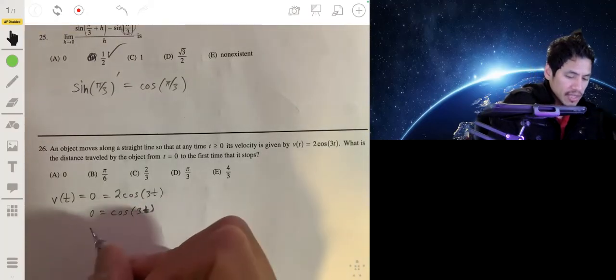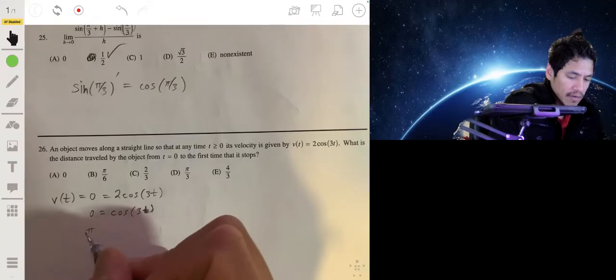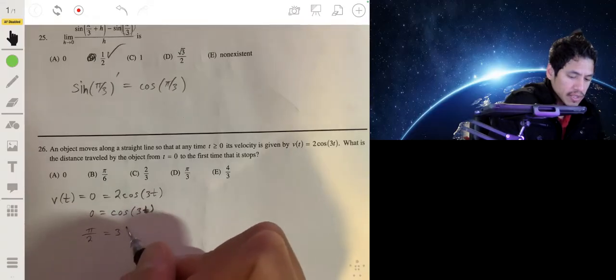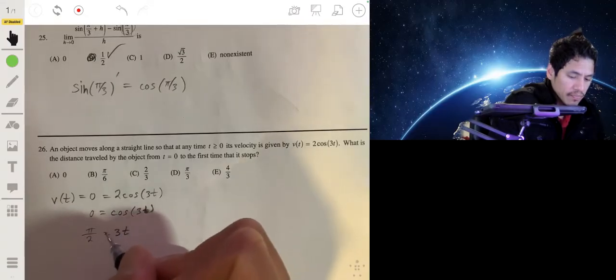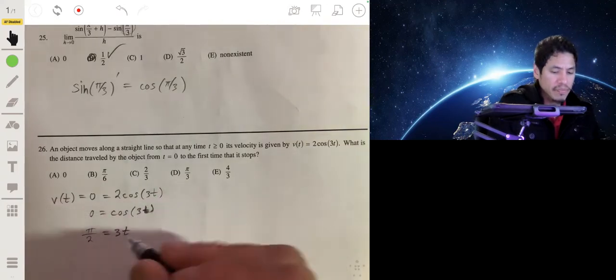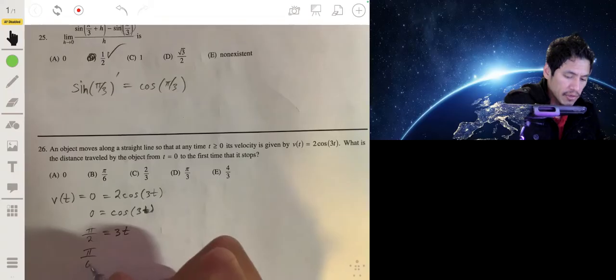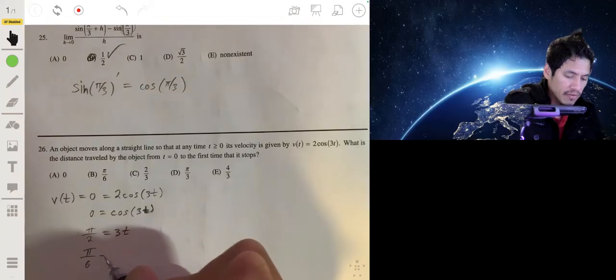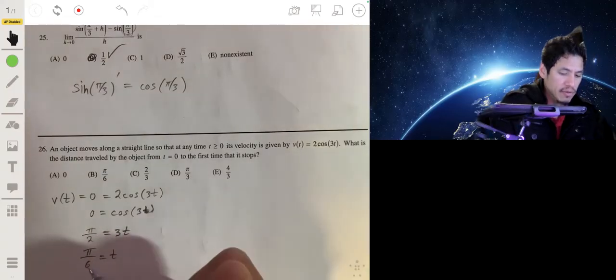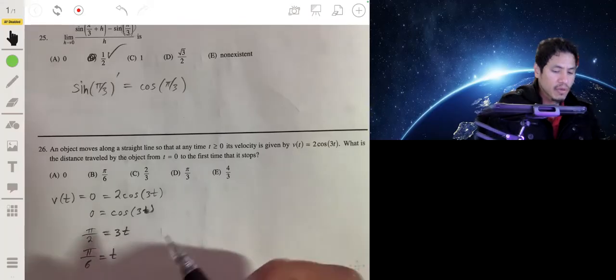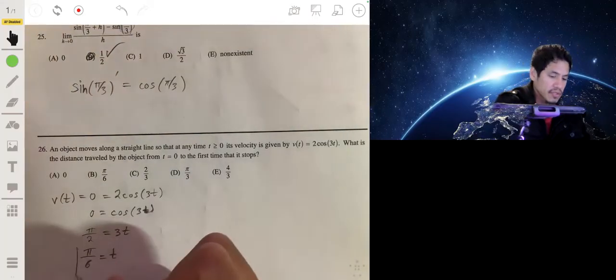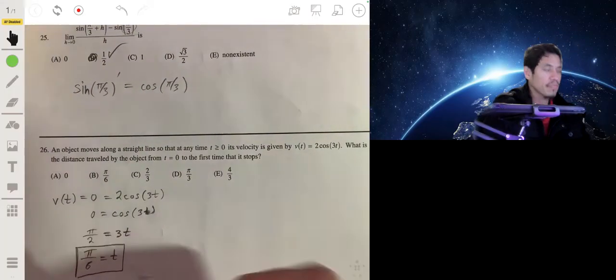So we're going to set pi over 2 equal to 3t and solve for t, and that would just be pi over 6. We only need to find one of them because we want the first time it becomes 0, the first time it stops.